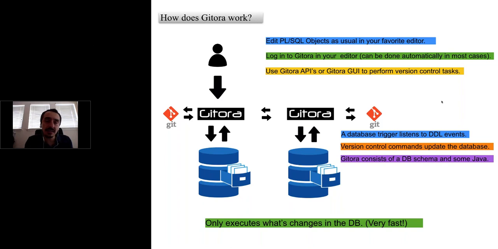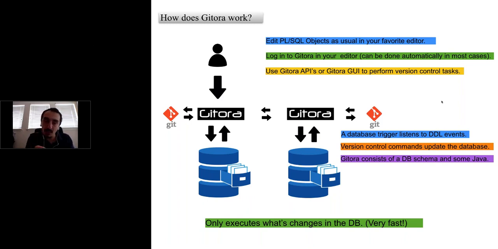Gitora also has APIs. These APIs can be accessed through our user interface, or you can access them from PL/SQL. So when you issue an API call, say you want to go back to the point where you were last week. So there is a commit point. You give Gitora a commit point.